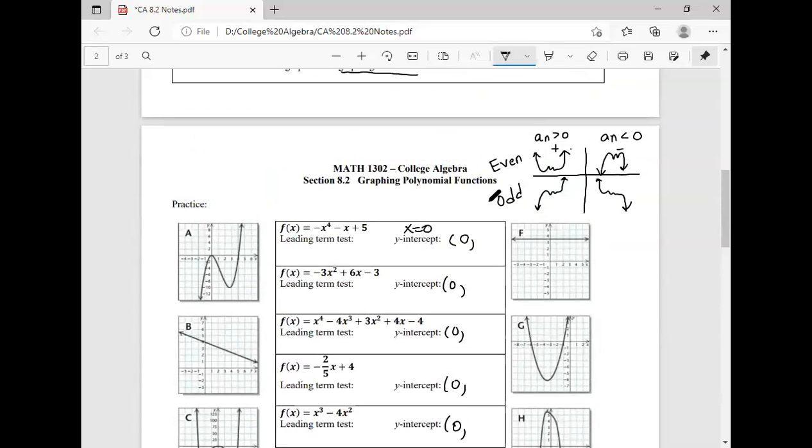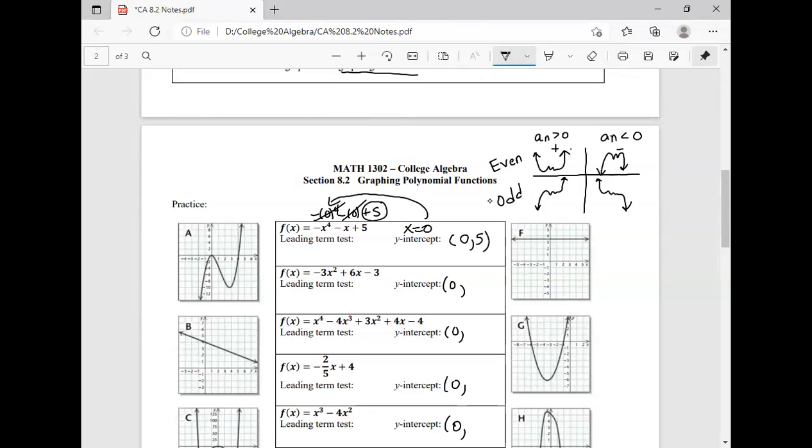When you plug 0 in for x, if a term has an x in it, it's just going to turn into 0. So the only thing you're going to be left with in any of these is whatever the constant value is. And so the point would be at 0, 5.